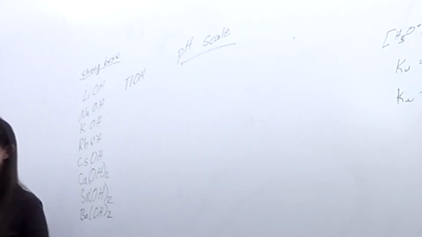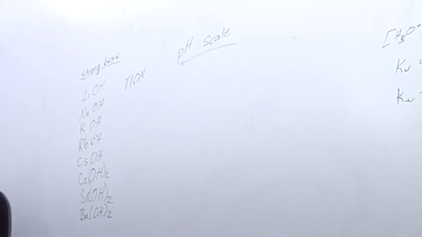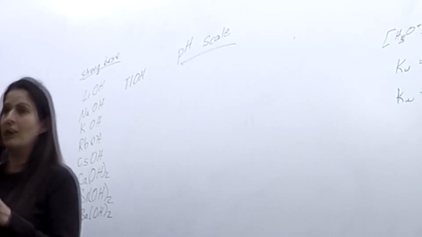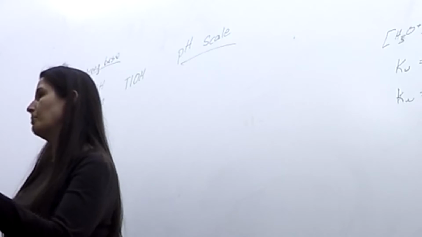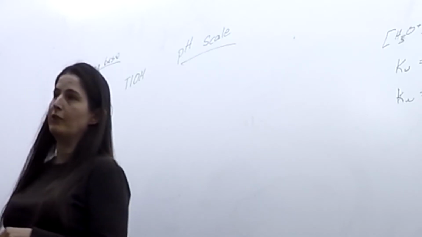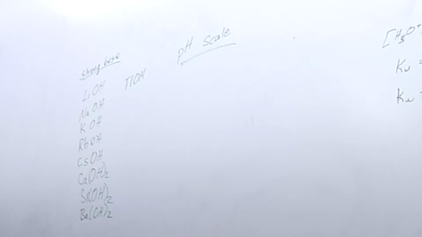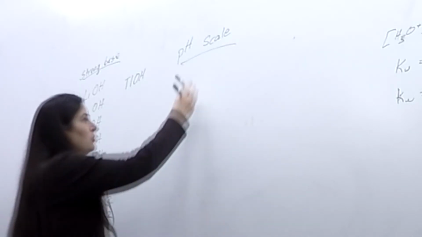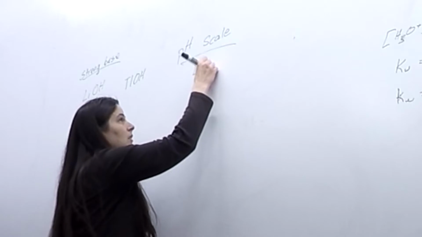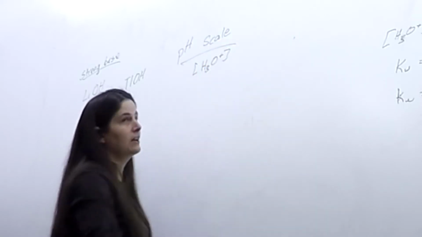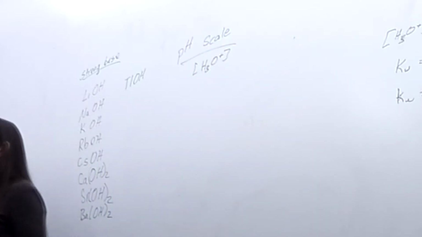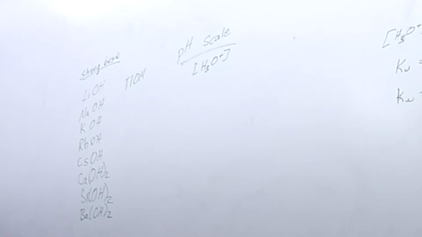When you use this in a lab, you just have a piece of litmus paper, you put your acid or base on it, it'll change the color, you measure it up to the scale, and the scale will read off your pH for you. Okay? And your pH on that scale is going to be related to the concentration of the hydronium ion.